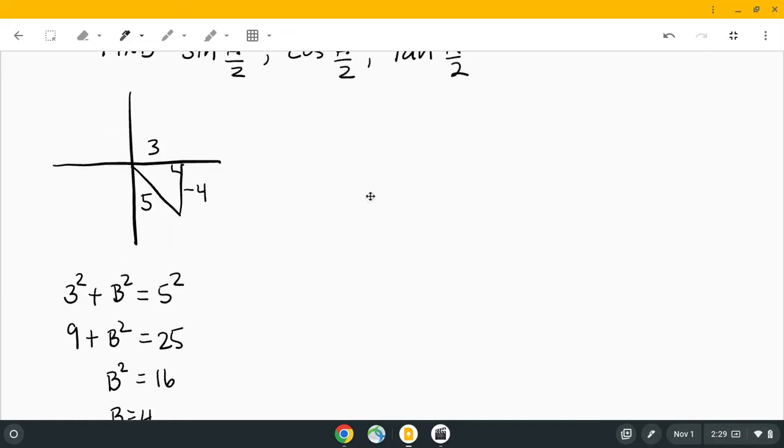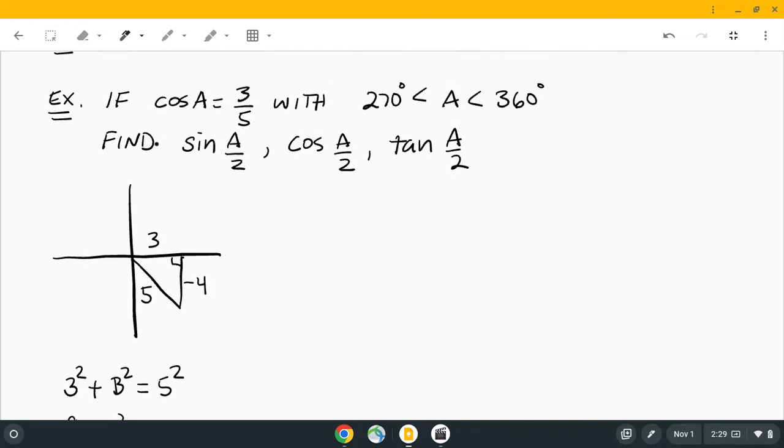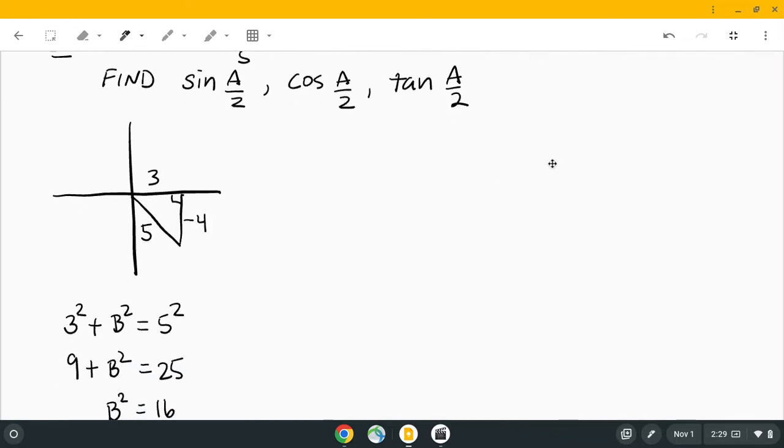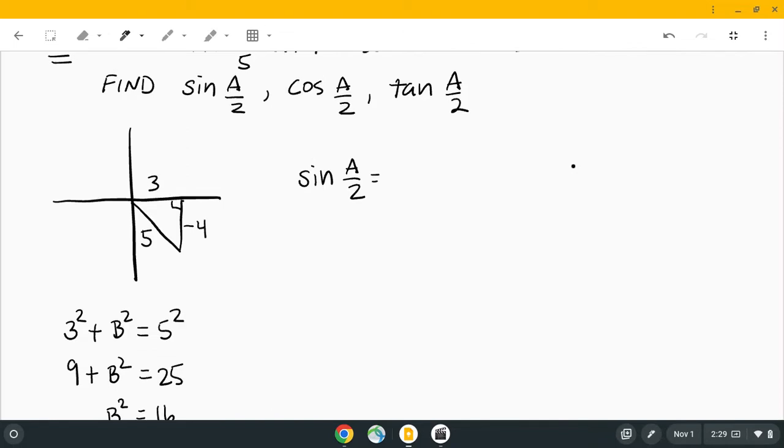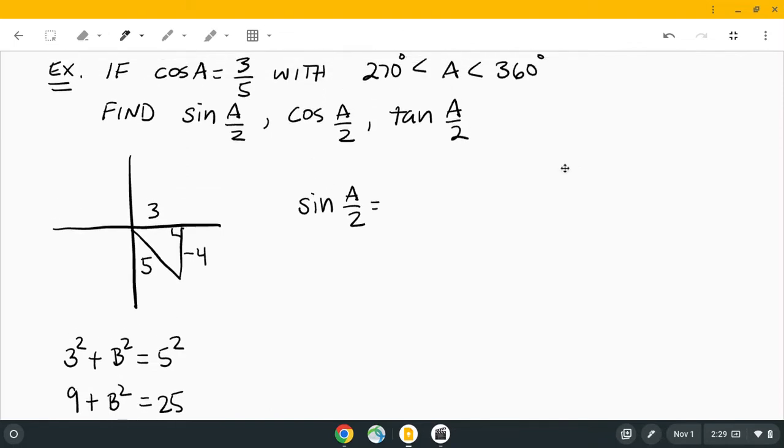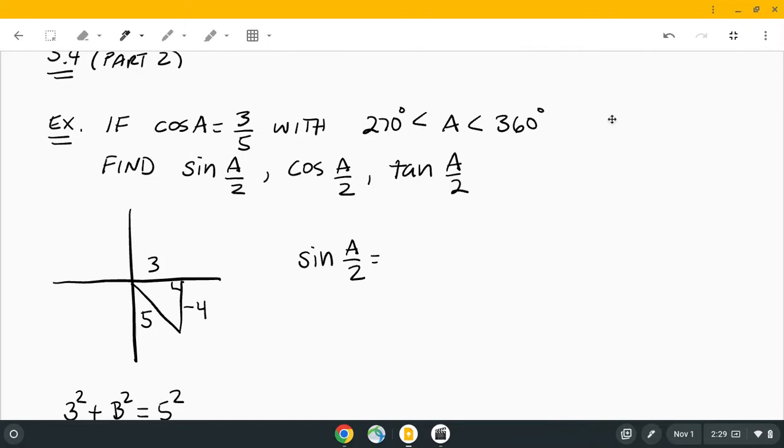Okay, then find sine of A over 2. Let's do that one first. We first have to figure out whether it's going to be positive or negative. Let's go all the way up here to the original.